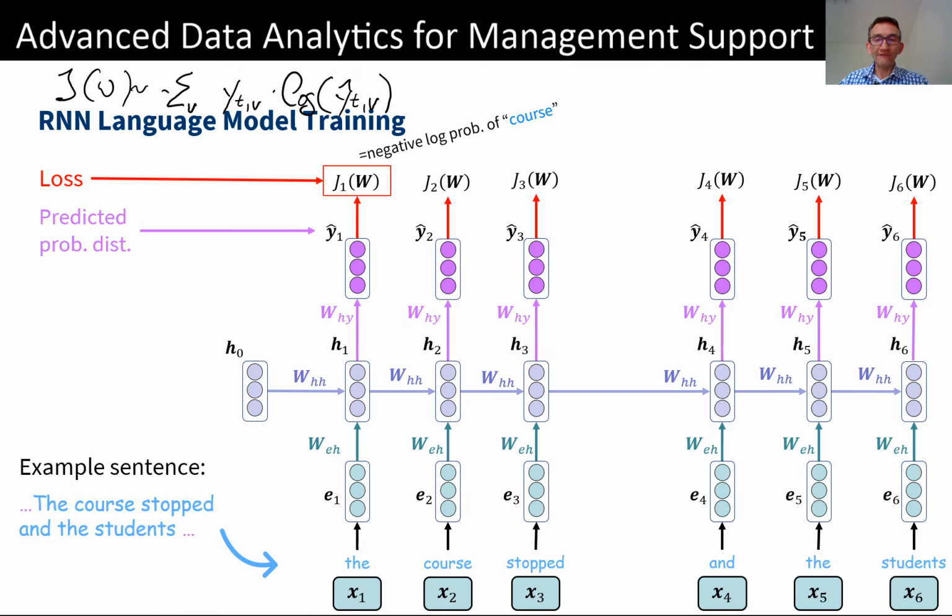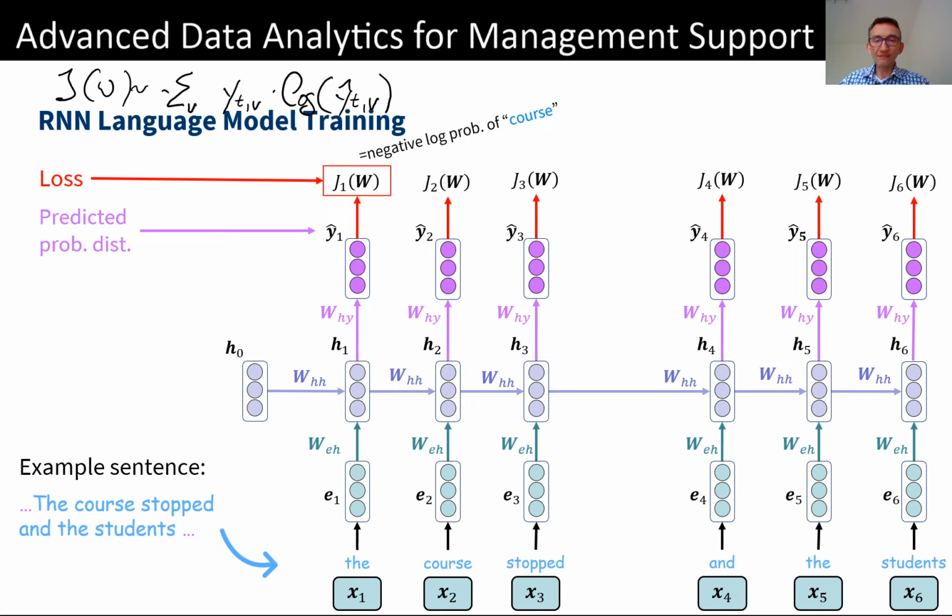So make sure you understand this negative log probability, of course, and why here at the first step our loss is the negative log probability of the word course, because only the model prediction that corresponds to the word course in our vocabulary, only that probability, the probability of course being the next word, which the network predicts, matters.